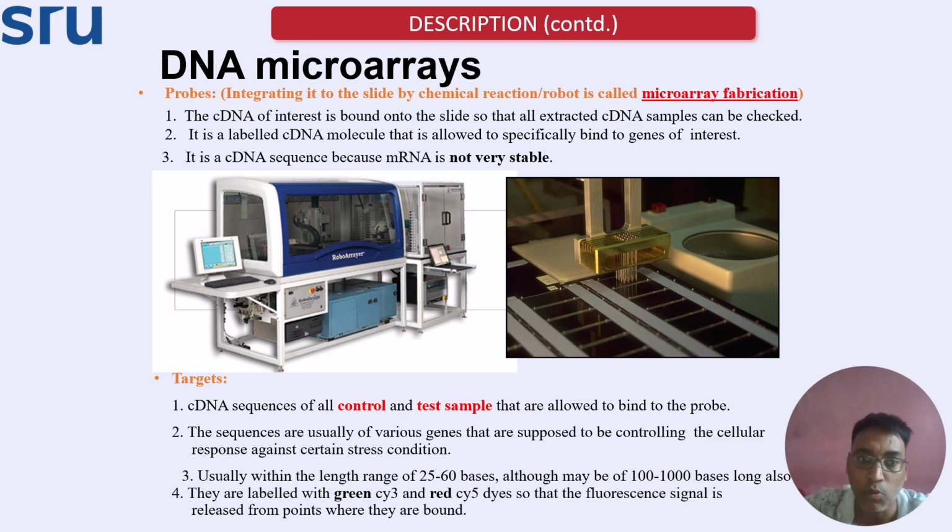The probe is integrated on the slide by chemical reaction on a robot, which is called microarray fabrication. My microarray is especially designed to check the expression level of only this gene, which is termed as probe. I'm doing the fabrication of this key segment probe.